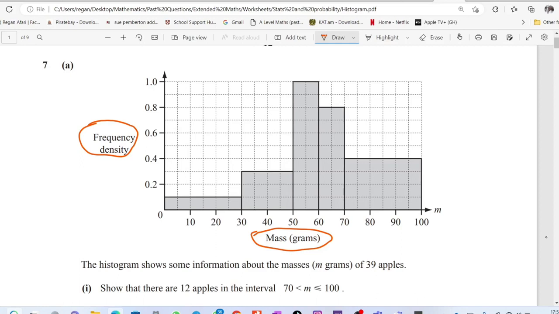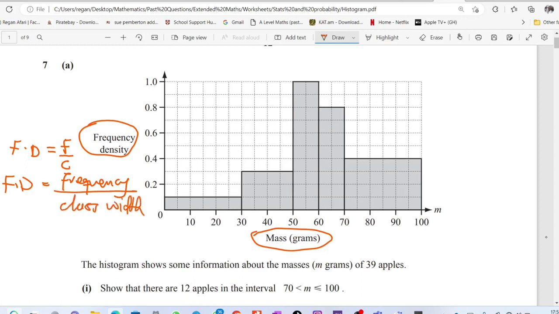Therefore, you want to have at the back of your mind that when we say frequency density, it is the frequency over the class width. To have it in full, we can just say frequency over class width.